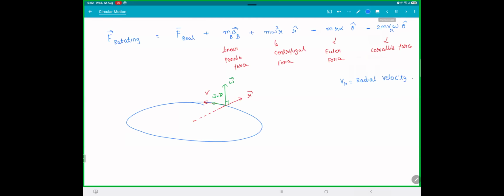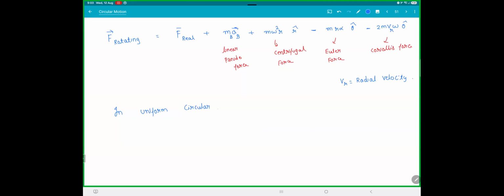Okay. Now listen to the examples. Like this will make things more clear. The only thing I want you to know for now is this: pseudo force is different, centrifugal force is different. So don't mix it up. Now when you take uniform circular motion, alpha is 0, right? R is constant.